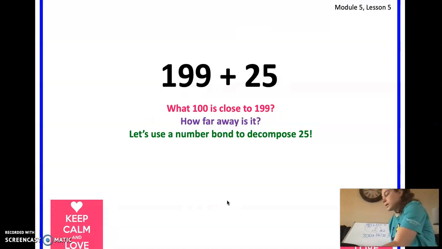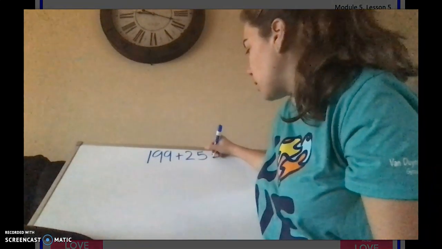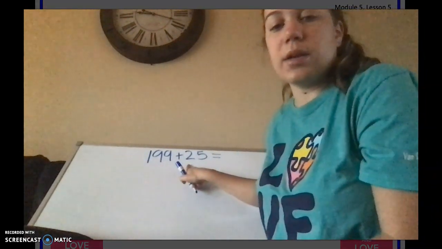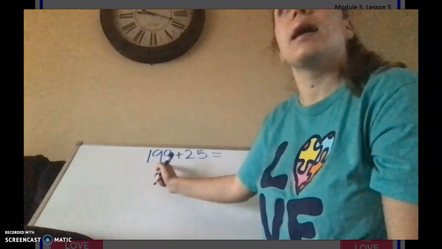So now let's look at this one. We have 199 plus 25. So, is 199 or 25 closer to the next 100? Good, 199.